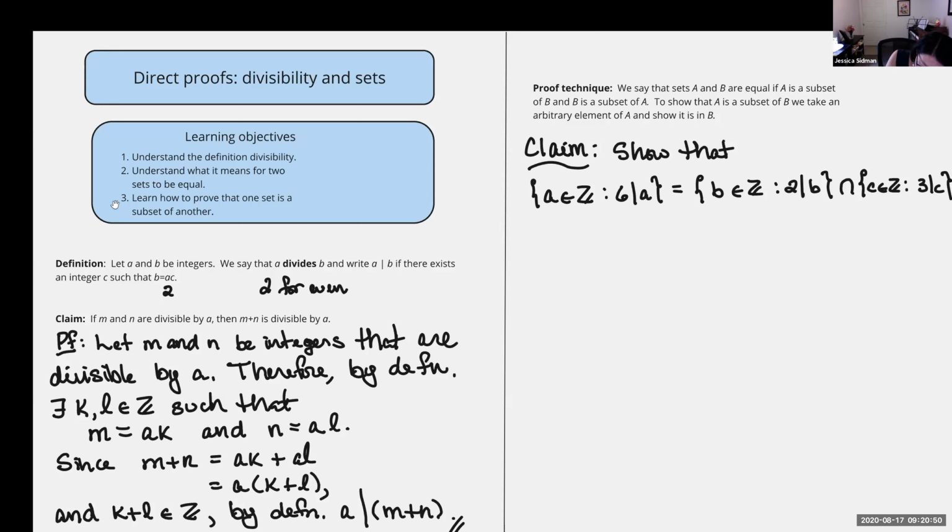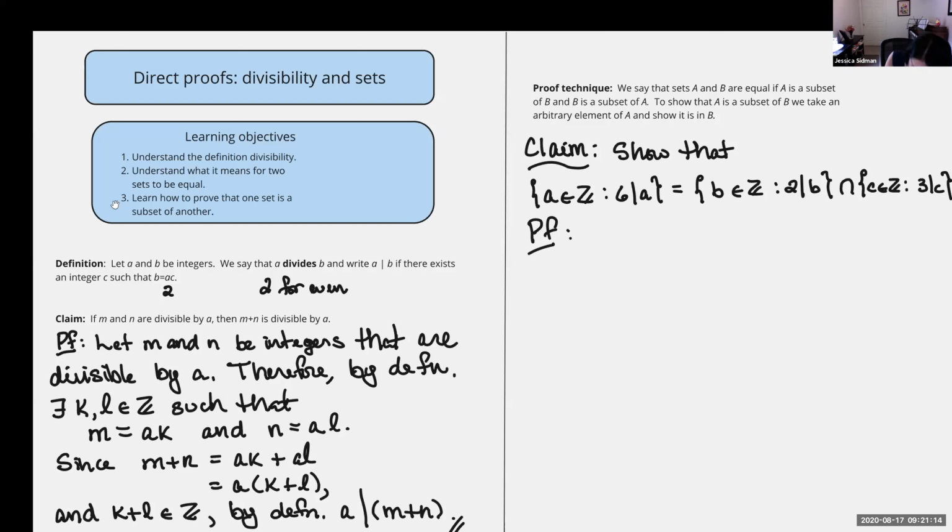Let's see how we might prove this. This is going to involve two proofs. When you're trying to show that two sets are equal, you have to show that the left-hand set is contained in the right-hand set and vice versa. Usually you do that in at least two different paragraphs, and you signpost which one you're doing.